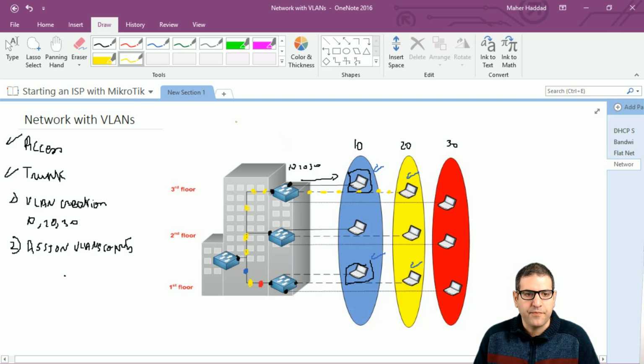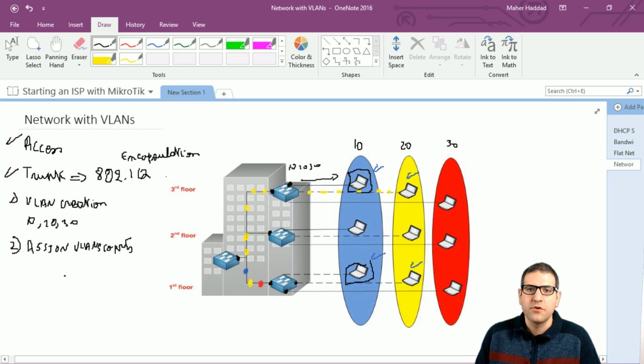Now, it's very important that when you make trunk, the protocol that is used is 802.1q, and that's the encapsulation. The encapsulation that's used for the trunk, 802.1q. Normally it's called dot1q most of the time. And Cisco used to have a protocol called ISL.